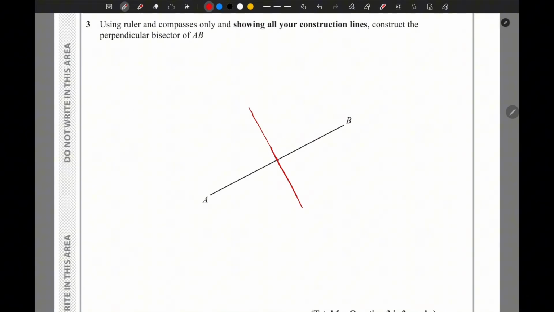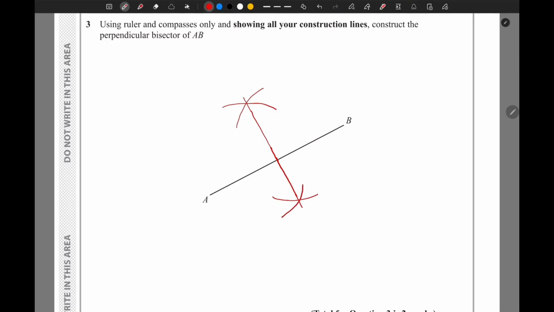So it would look something like this, and your construction lines should look something like this. This would be the answer, but I'm sure all of you will know how to use a compass to draw a perpendicular bisector.